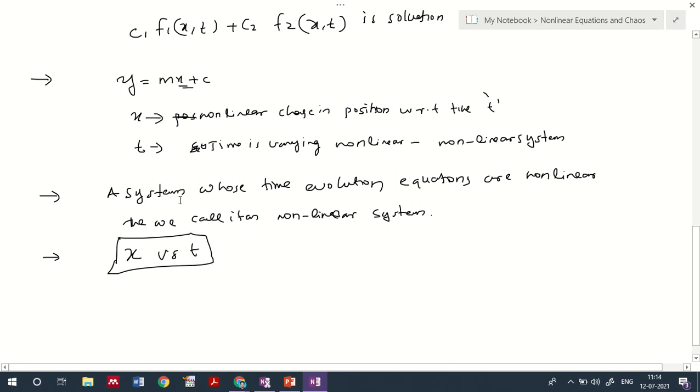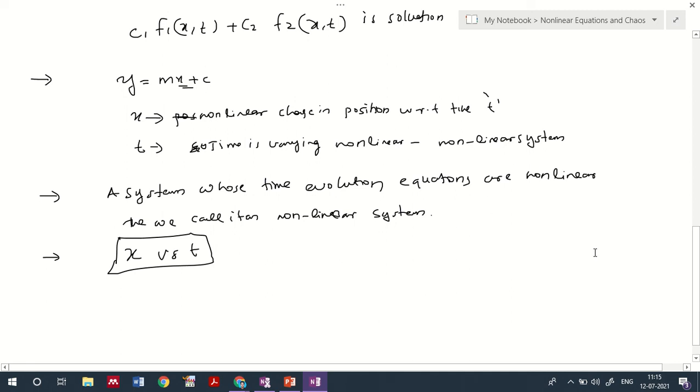So for any system whose time evolution equations are nonlinear, when you examine the change in x with respect to t, if there is a nonlinearity in that representation, then we can call it a nonlinear system, okay.